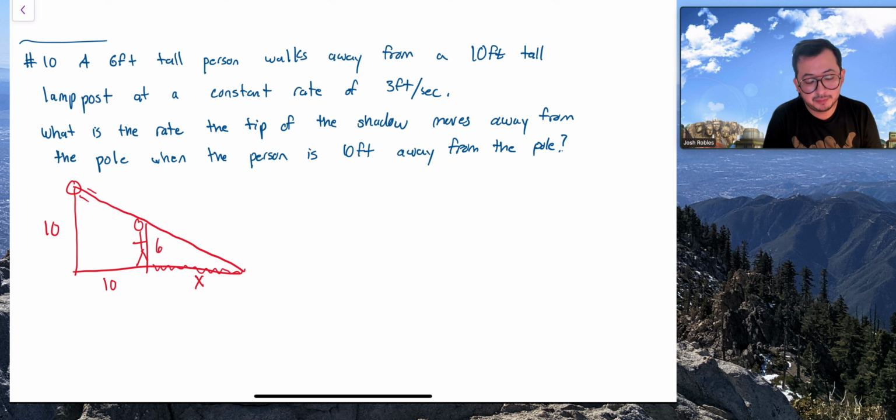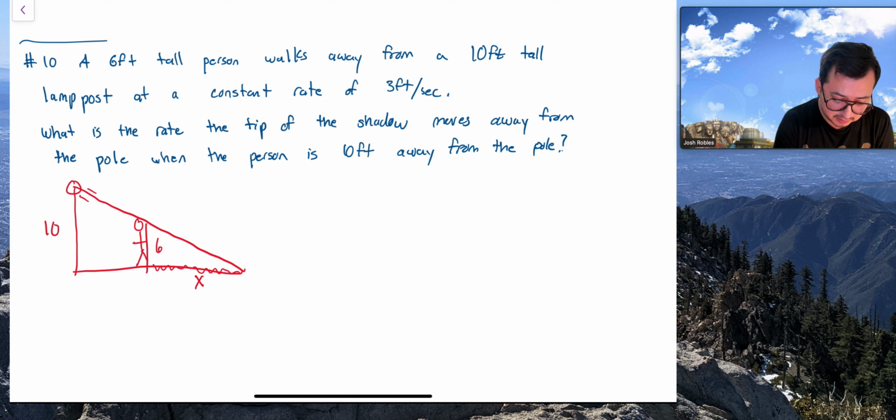Okay, so the person is moving away from the lamppost. So they are not always 10 feet away from the lamppost. So this is more properly, the base of the lamppost is its own variable, which will be 10 when we want to study the problem.